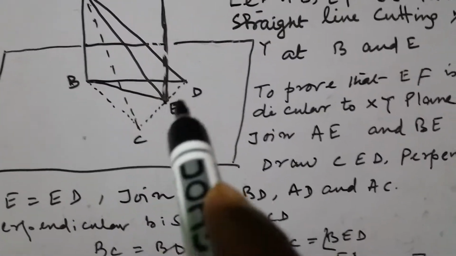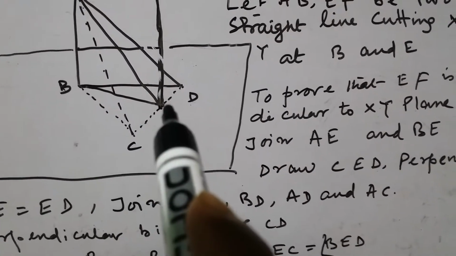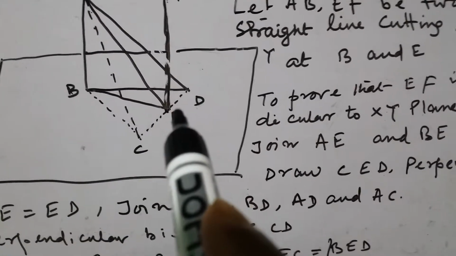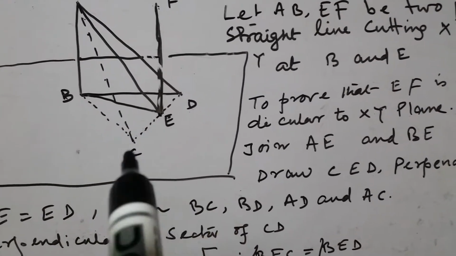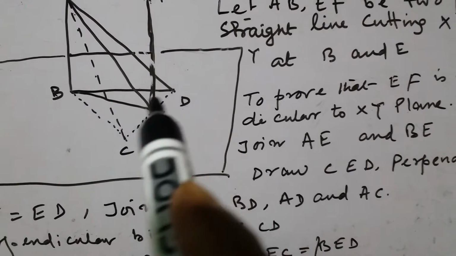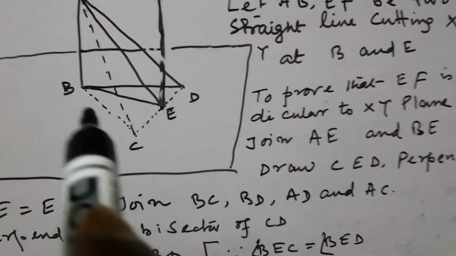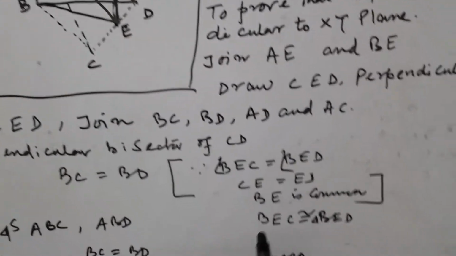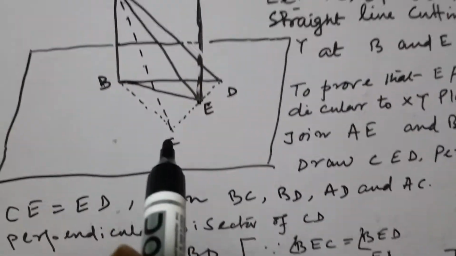From BCE and BED we get CE equal to ED, BE is common, and angles BEC and BED are perpendicular, so these two triangles are congruent, so BC is equal to BD.